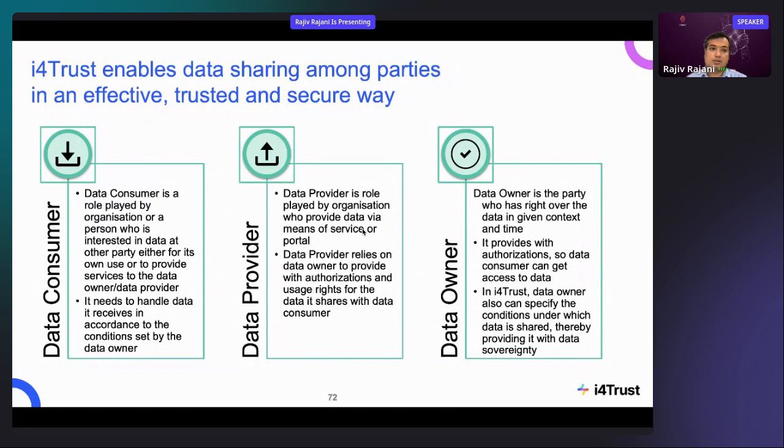In iForTrust, the data consumer connects to the context broker of the data provider to get the data. The data provider implements a Fiware context broker, so that you use the NGSI-LD standard for exchange of data, and it is all connected to smart data models.